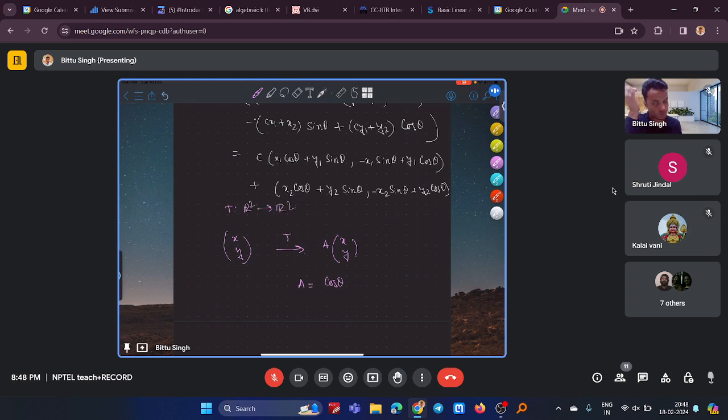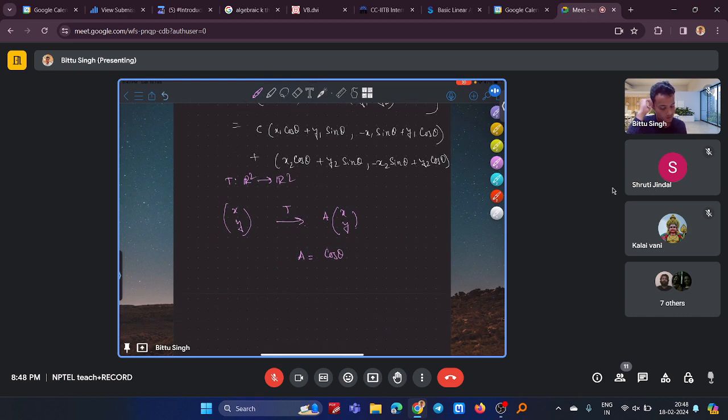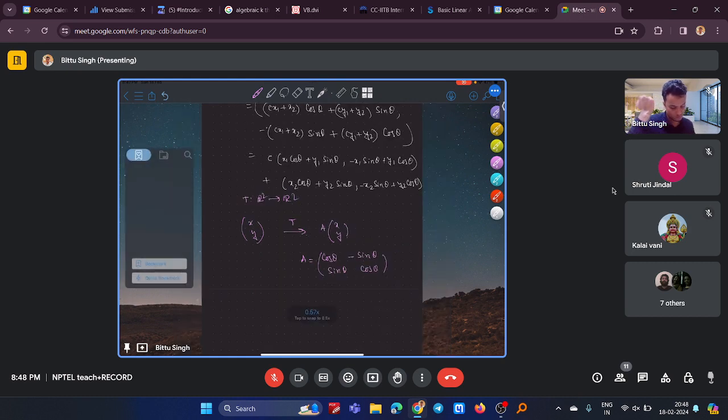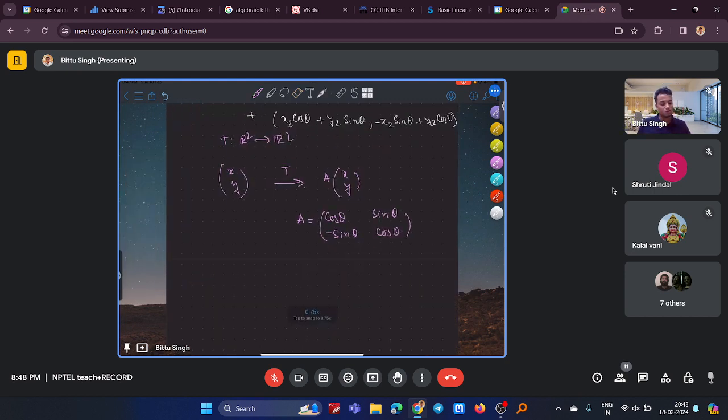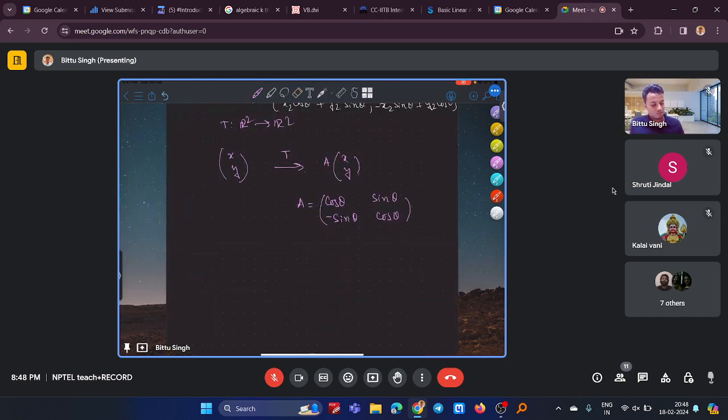Here we take the entries as a column, and T maps (x, y) to A times this, where A is the matrix with rows cos theta, sin theta and minus sin theta, cos theta. So clearly, T of (x, y) is the same as multiplication by this matrix A with (x, y).